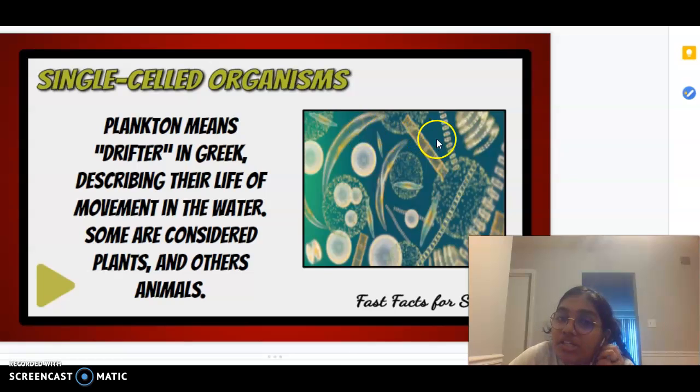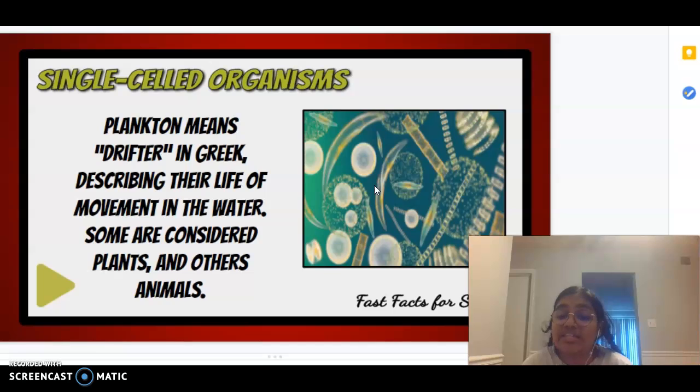As you can see in this picture here, it is so curious. They don't really have a definite form. They can be circular, but they can also be in a tube-like structure. They can look in a crescent form.